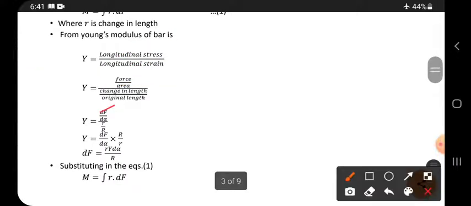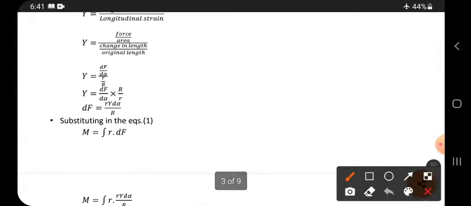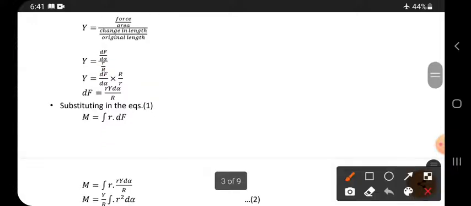Here the force is dF, a small force applied on a small area d alpha, divided by the change in length, small r, over the original length, capital R, so small r by capital R. Multiplying by capital R by small r, from this dF is equal to, if we bring this factor to this side, then rY d alpha by R. Substituting the dF value in equation 1, equation 1 is this one, so here we have to substitute.